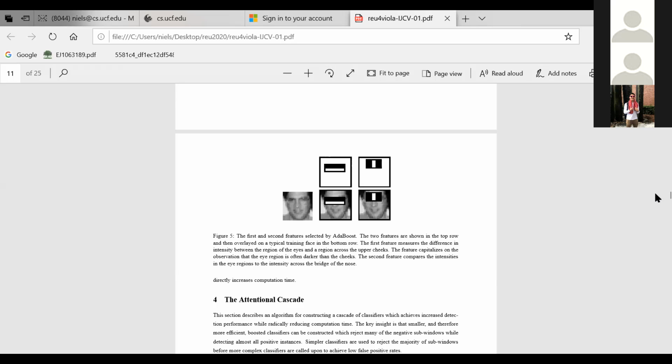Each individual convolution pattern was selected because it does well at telling the differences between faces and non-faces. That's why it was selected.